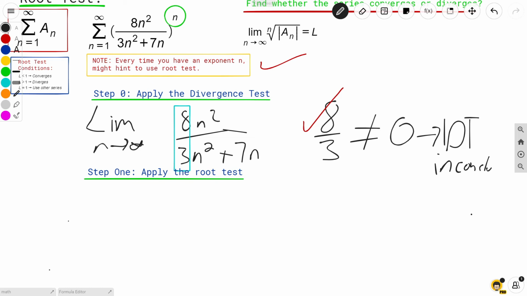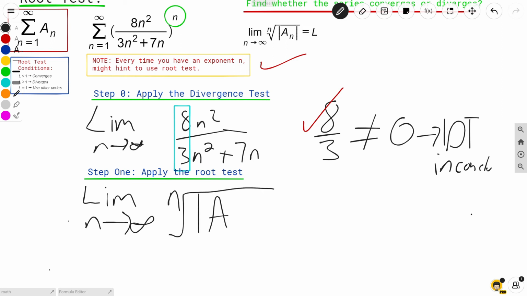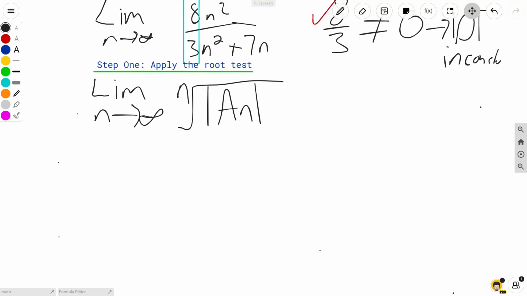Well, it turns out that we have to take the limit. In order to apply the root test, we're essentially just taking the limit as n approaches infinity of the nth root of a sub n, the absolute value of a sub n. So in this case, we're going to just apply this formula.